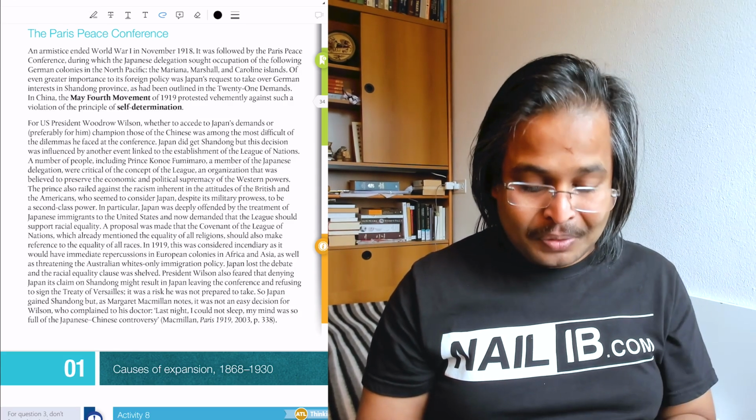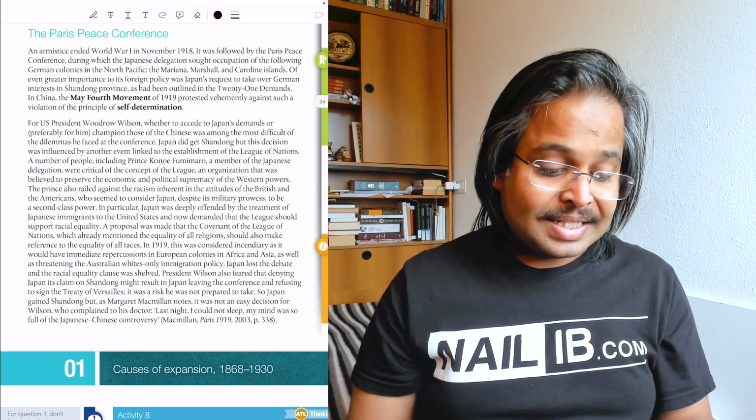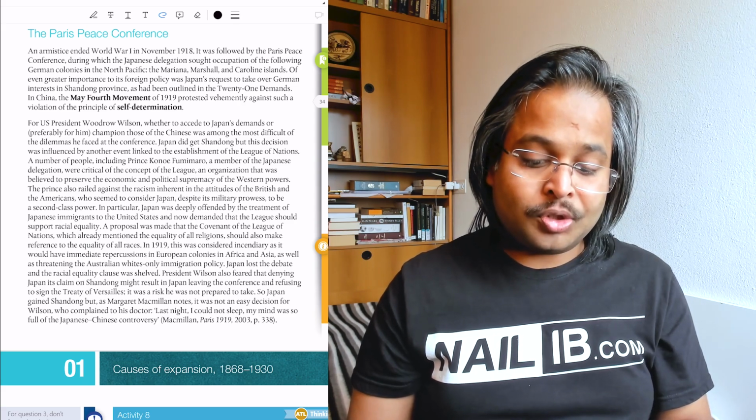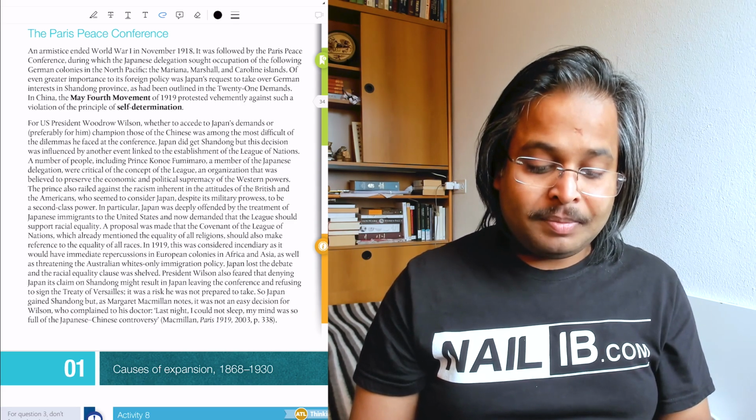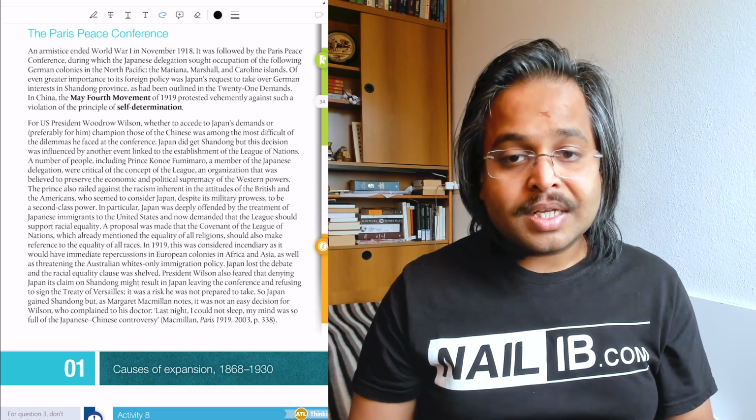But mind you, racial equality only amongst the winners. No racial equality amongst those who have lost the war. And in 1919, this was considered incendiary, as it would have immediate repercussions in European colonies in Africa and Asia, as well as threatening the Australian white-only immigration policy. Japan lost the debate and the racial equality clause was shelved.